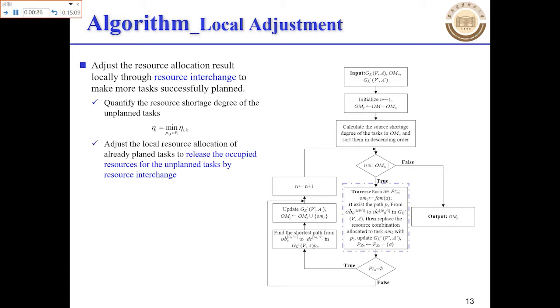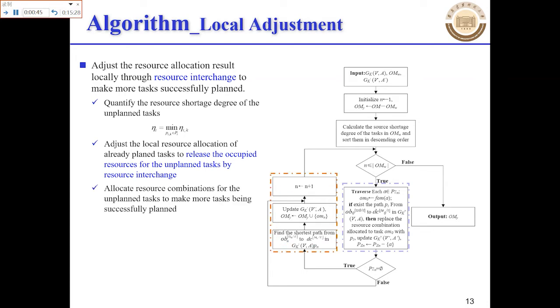Then, we adjust the local resource allocation of already planned tasks to release the occupied resources for the unplanned task by resource interchange. At last, we allocate resource combinations for the unplanned tasks to make more tasks being successfully planned.